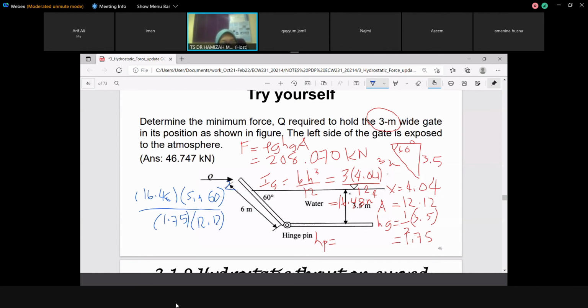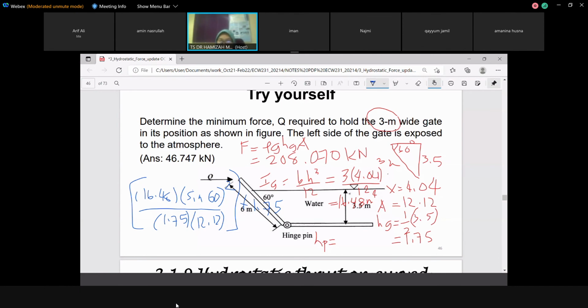Baru dah kira yang ni, baru tambah dengan 1.75. Dapat berapa? 2.333 betul ke? Bukan, jauh, salah. Najmi kot. Berapa Najmi? 2.333. Yes. Very good. Thank you.